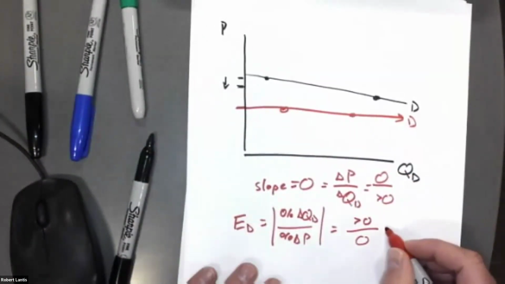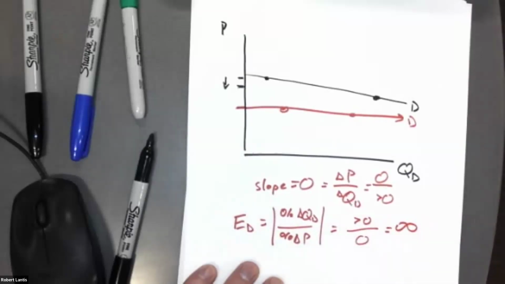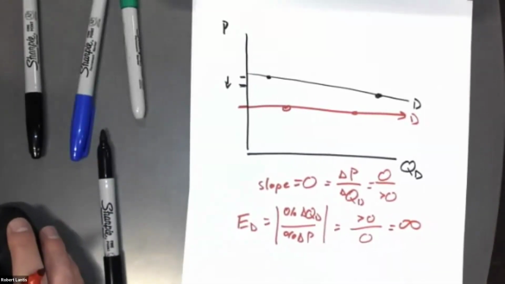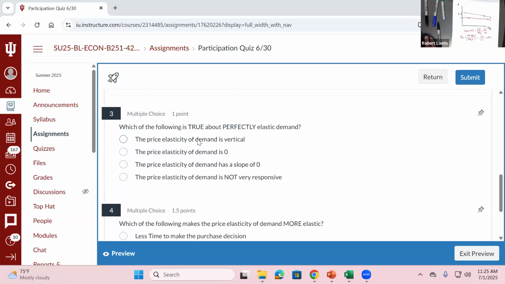Anything divided by 0 would be infinity, or infinite. So for perfectly elastic demand, it's going to be horizontal, not vertical. The price elasticity would not be 0, it'd be infinite. They're very responsive if they're elastic.